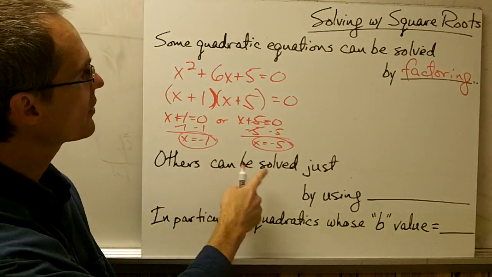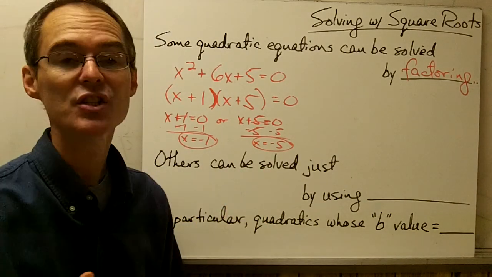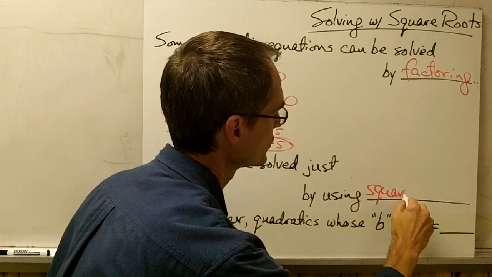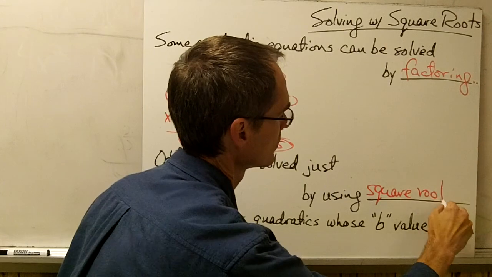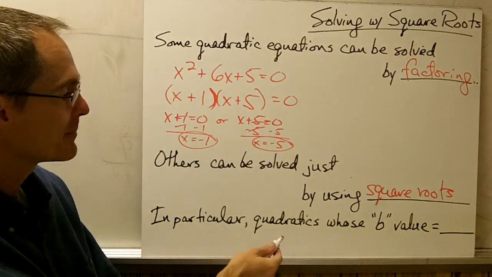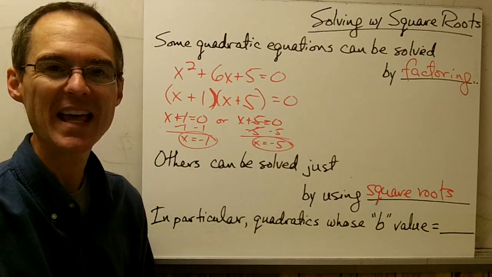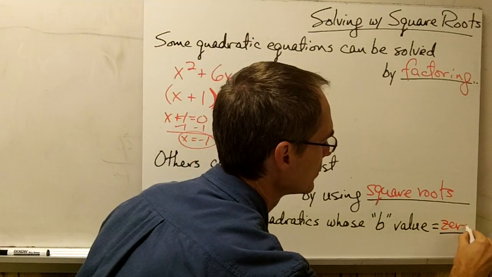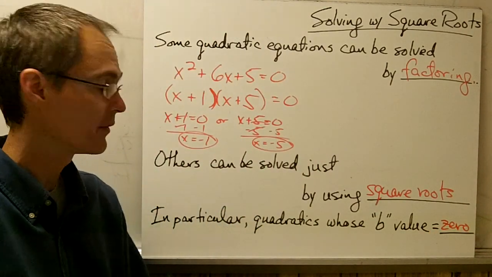Well, it turns out other quadratic equations can be solved just by using square roots. And in particular, quadratics that have a b value that's equal to 0 can be solved this way.